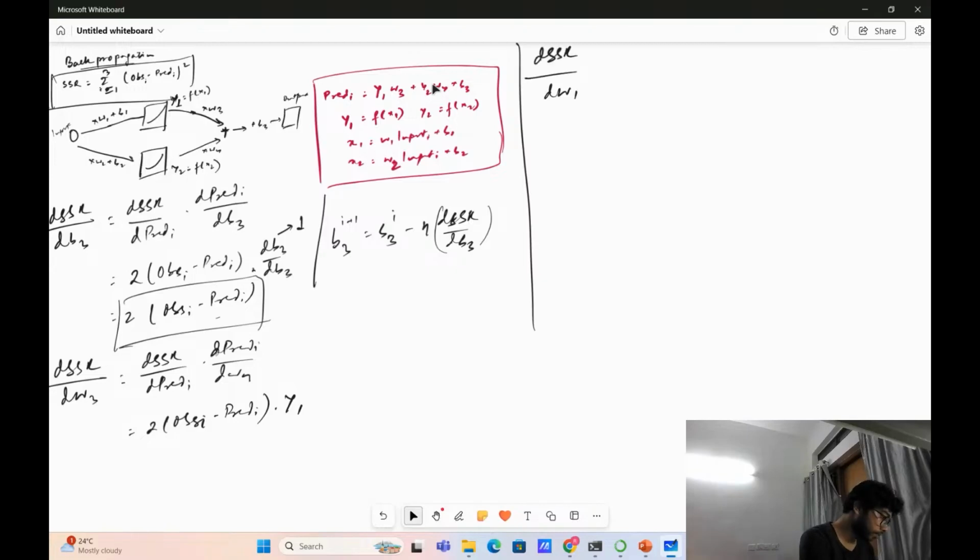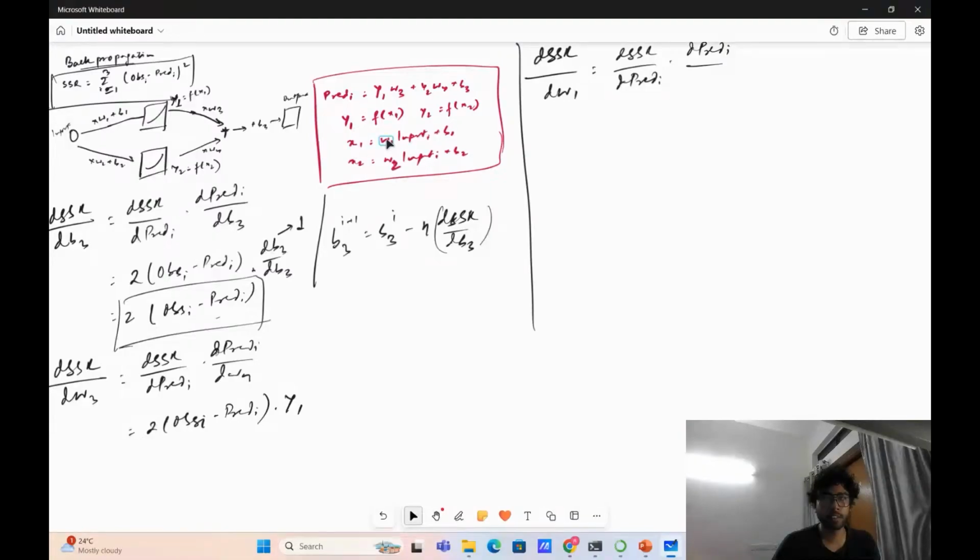Now, a little more difficult is to take the derivative of SSR with respect to, let's say, W1. Okay, so what will be the derivative? So now what will happen? Derivative of SSR with respect to predicted times derivative of predicted with respect to W1, right? But you see here in the predicted, you don't have W1. It's Y1, W3, Y2, W4 plus B3. So what to do? But you see this Y1 is a function of X1 and this X1 is a function of W1, right?